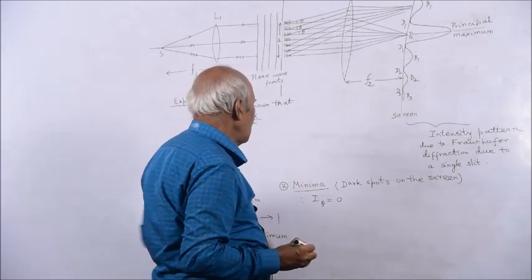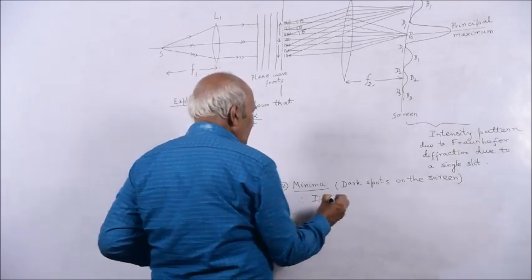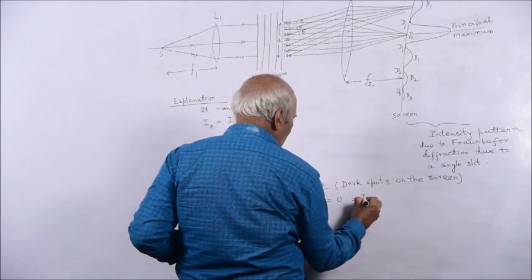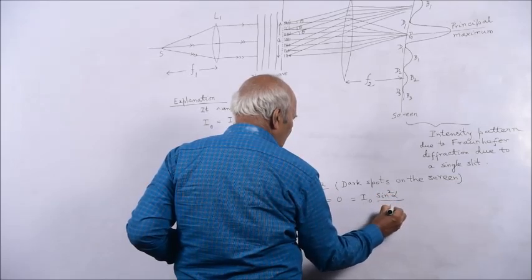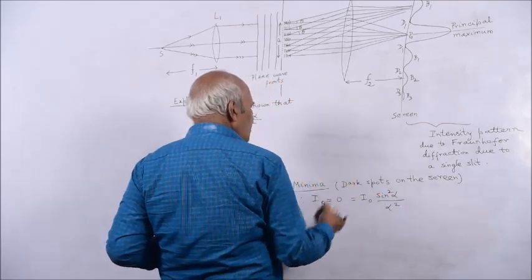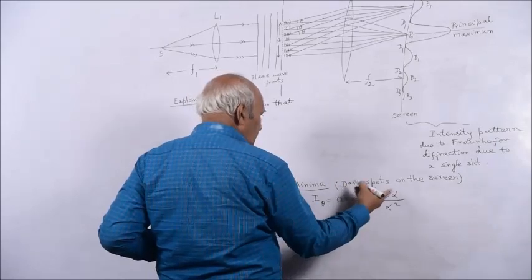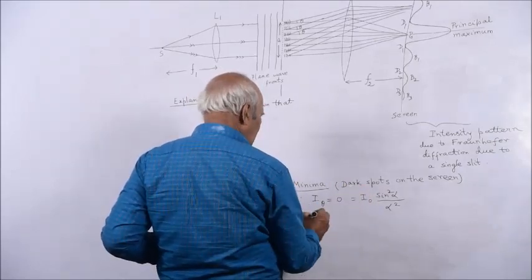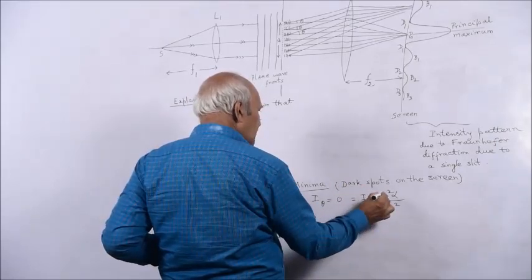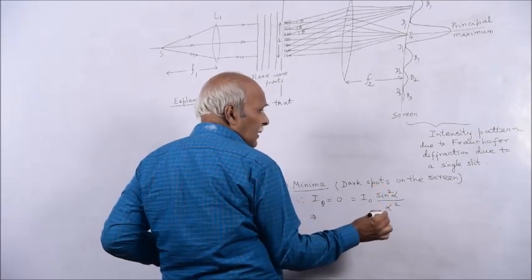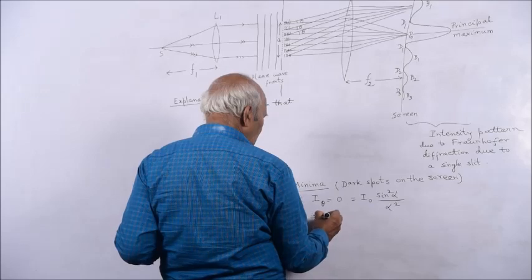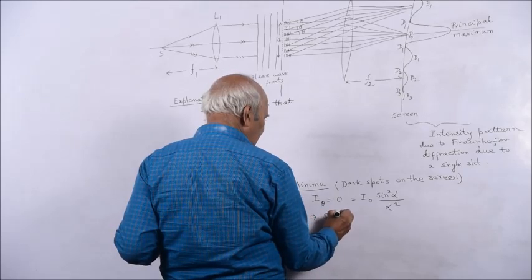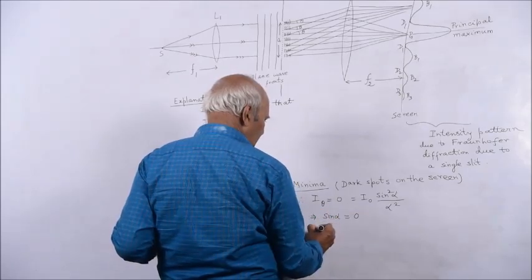We demand that for dark spots I theta will be 0, equal to I 0 sin square alpha by alpha square. But I 0 is not 0. So therefore sin alpha must be 0. We cannot say that sin alpha by alpha will be 0, because that is 1, actually maximum. So that implies sin alpha is equal to 0.